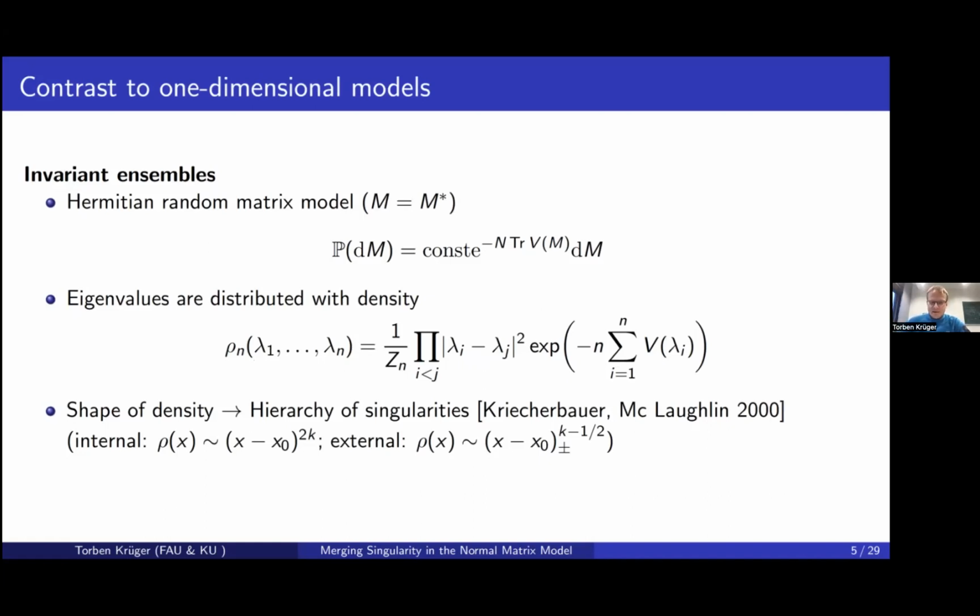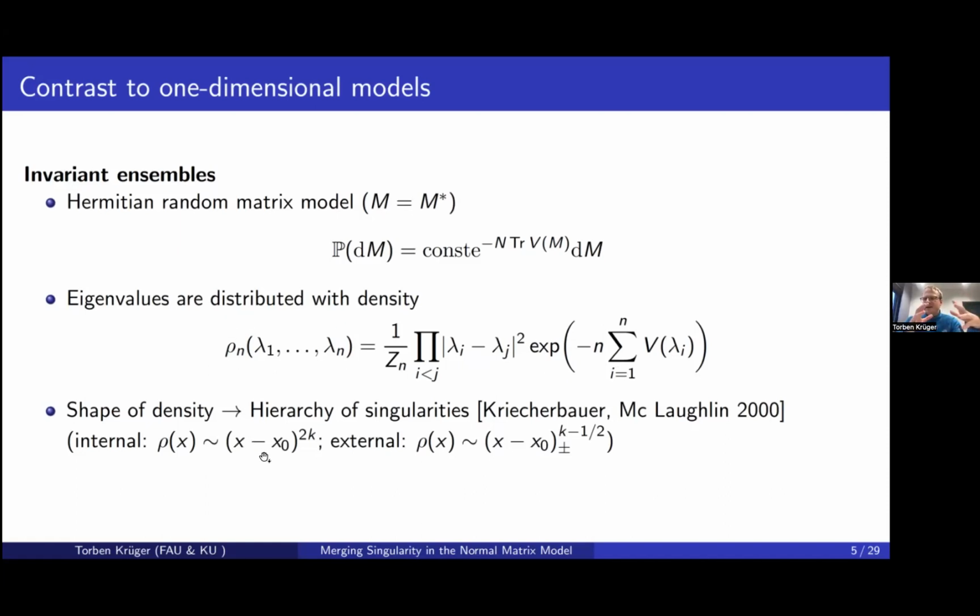And in this situation, it's actually quite well understood how the density can behave. In this case, you need some assumptions on the potential. You need sufficient growth at infinity so that the whole thing remains confined. And also, let's say it's analytic in this case. What you will get is that the rho is an analytic function, and then the density can approach zero in two different ways.